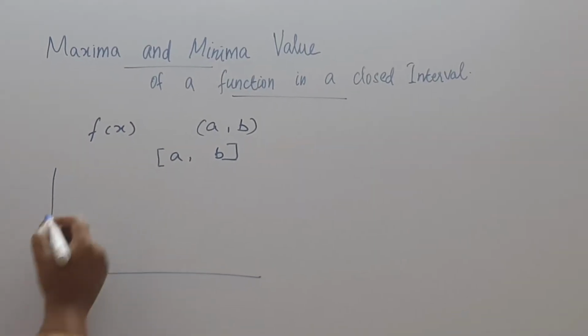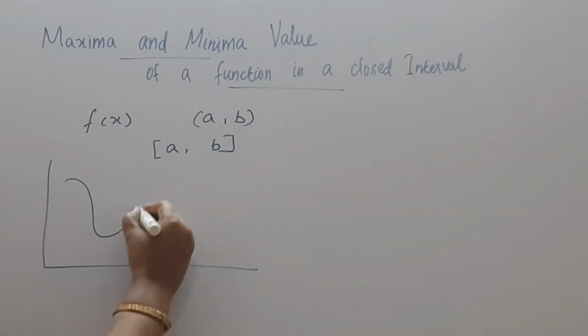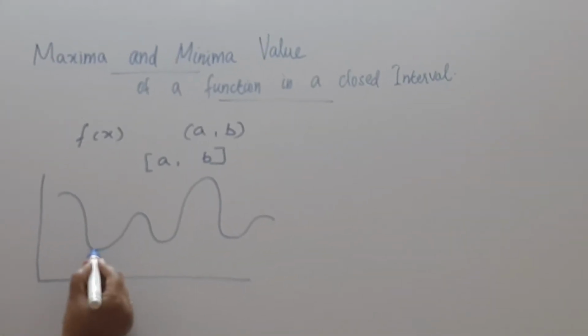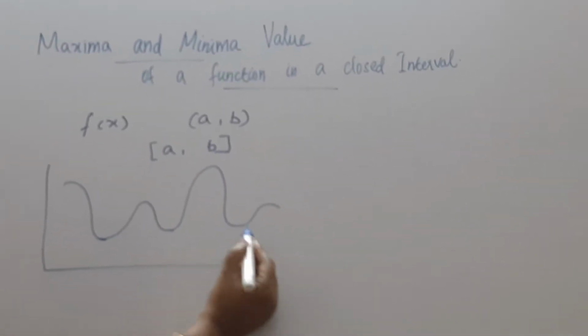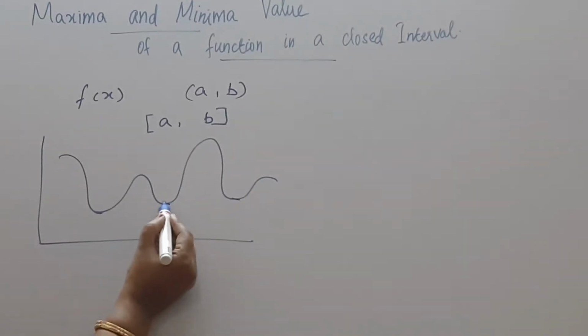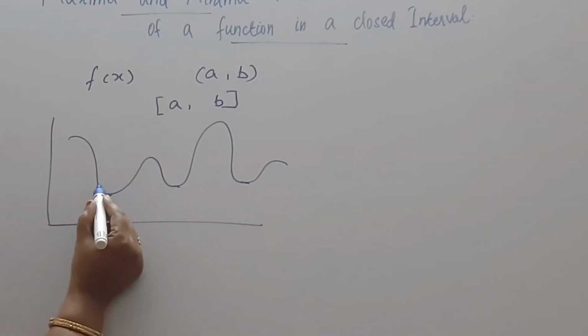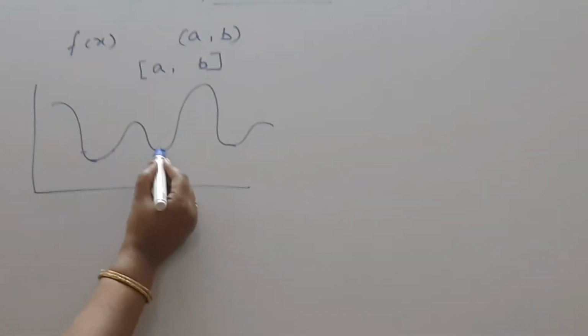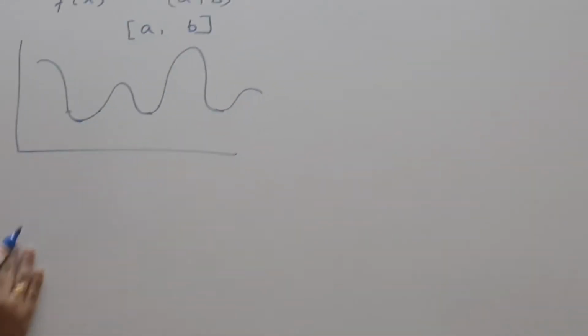In this, suppose if we have a function like this, it may have minimum values. These are the minimum values locally. When we compare to the values left to this, right to this, this is the local minimum.